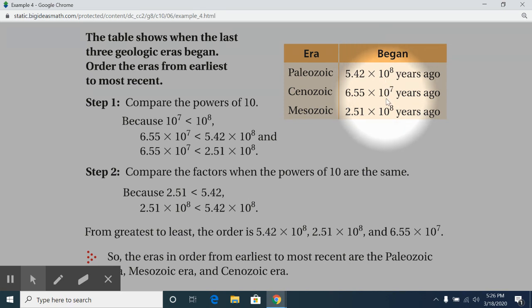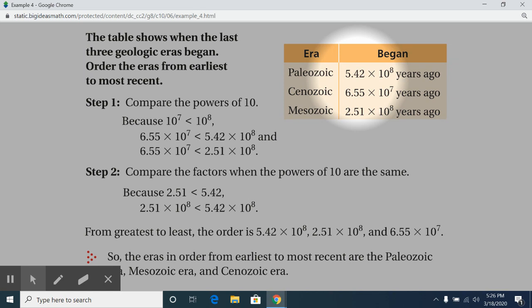All right, I know that this number is smaller than these numbers. Now, if I'm just comparing the two numbers that have 8s with exponents, all I look at is my factor. All right, since 2.51 is less than 5.42, since they have the same exponent, I know that 2.51 is less than or a smaller number than 5.42.